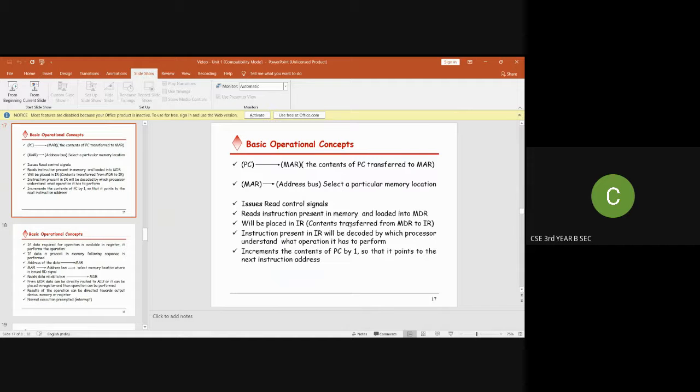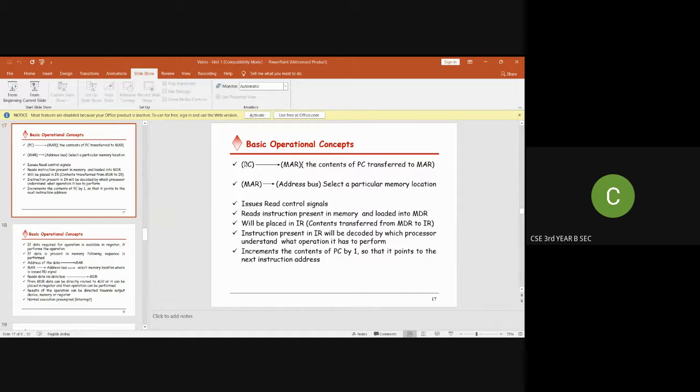The program counter always holds the address of the next instruction. If one instruction completes, the next instruction to be executed is stored in the PC. The content of the PC is given to the MAR so that the MAR carries the address of the next instruction, and the MAR contents are passed to the address bus to select a memory location.